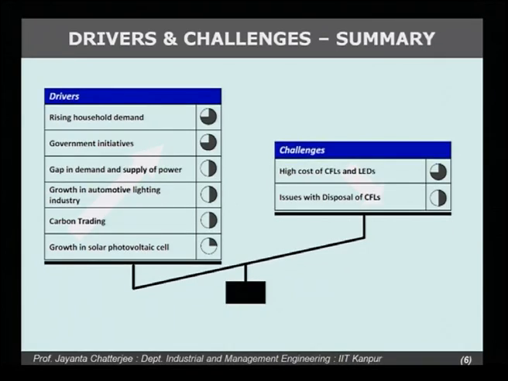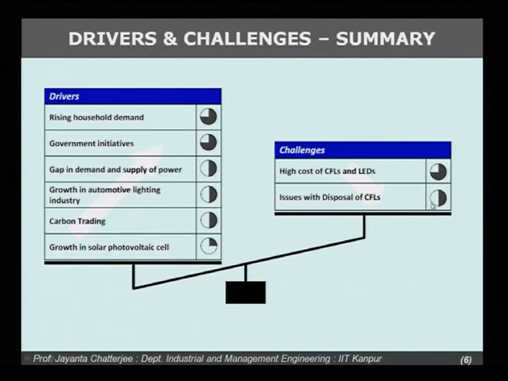And then we discussed the challenges. So, the gap in the demand and supply of power, the growth, and some of the issues like carbon trading, environmental issues, which also puts regulatory restrictions on inefficient electricity consuming devices like incandescent, like ICL.